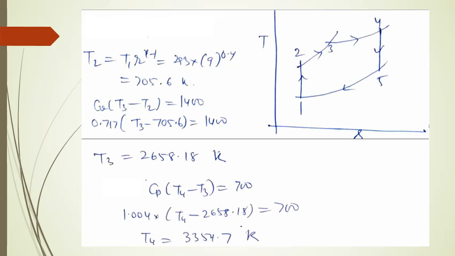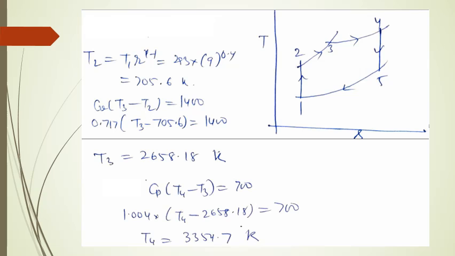Now you can see the difference between 2 to 3 curve and 3 to 4 curve. 2 to 3 is constant volume curve, so it is having higher slope than an isobaric curve, that is 3 to 4. Now 4 to 5 is reversible adiabatic expansion. Again it is isentropic process, so it has to be shown by vertical line on the TS diagram. And 5 to 1 is heat rejection at constant volume.